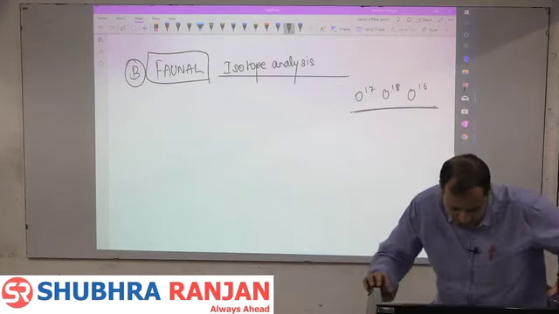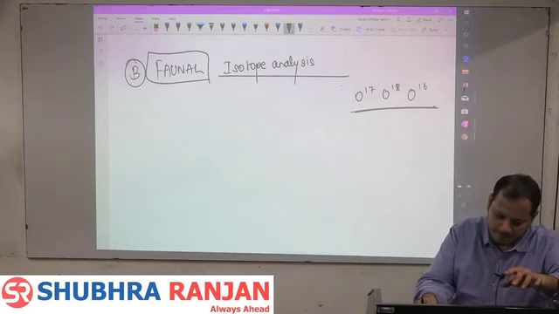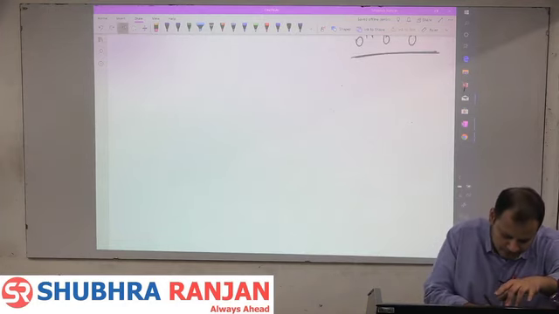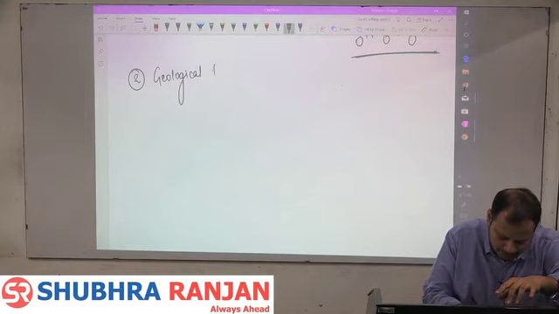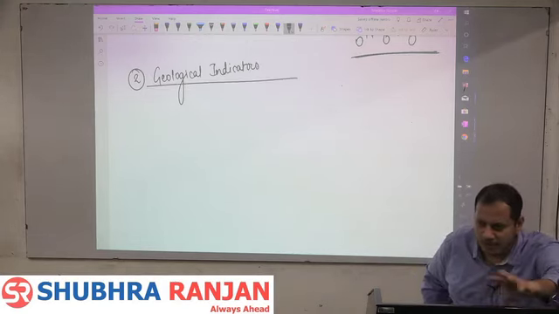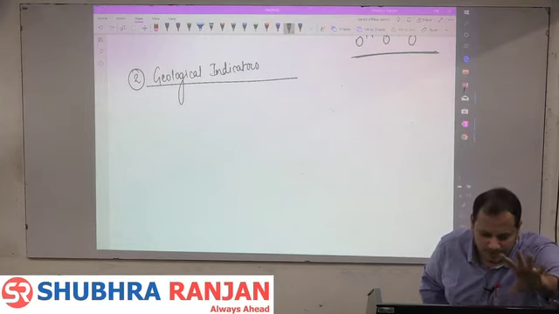Fine. Geographical or geological indicators. This is a little difficult. What do we mean by geological indicators? The kind of minerals present in the rocks will be geological indicators.